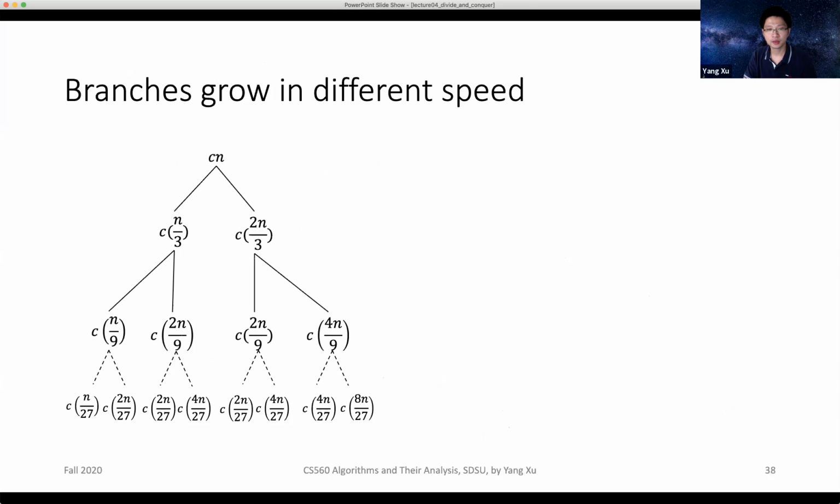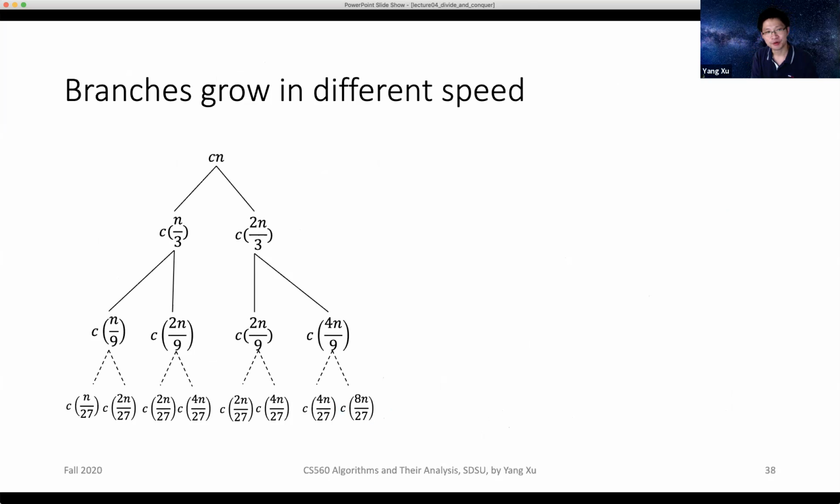So although the split goes uneven, the summation for each level seems to be the same value, okay?